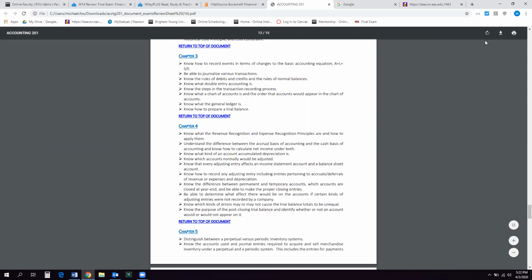And then the expense recognition principle, sometimes called the matching rule, just says that we should match our expenses to our revenues. So if we have an expense that's related to earning the revenue, then we should record it during that period.